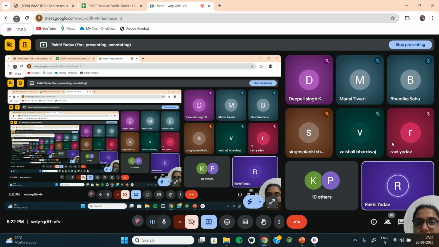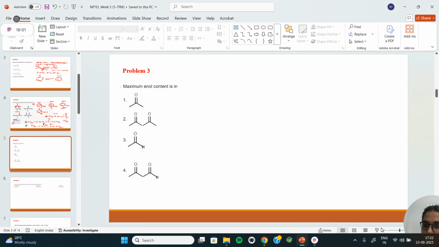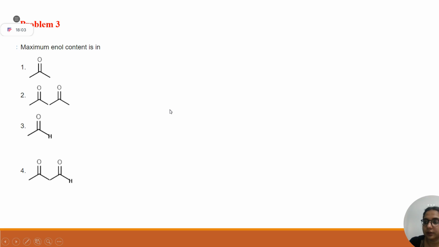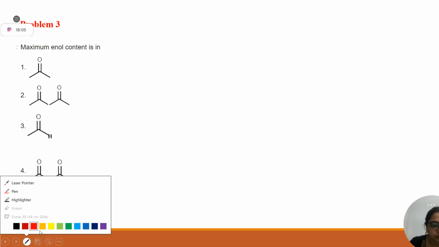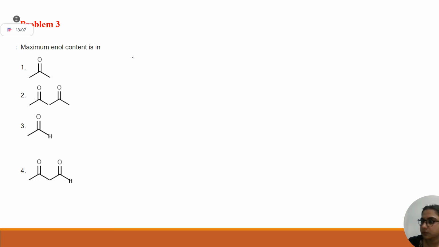Yes, ma'am. Others, you all can draw now how to make the enol form by 1,3 hydrogen migration. Wait, let's get back to the slide. Okay. So this is your simple ketone, right?